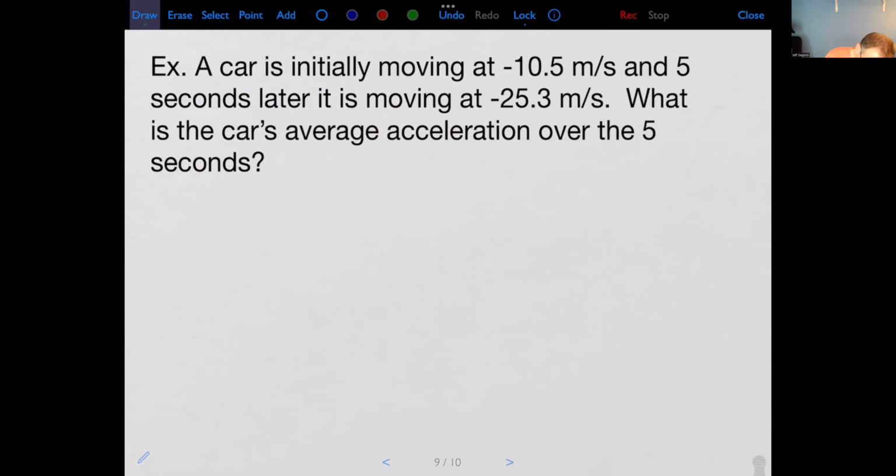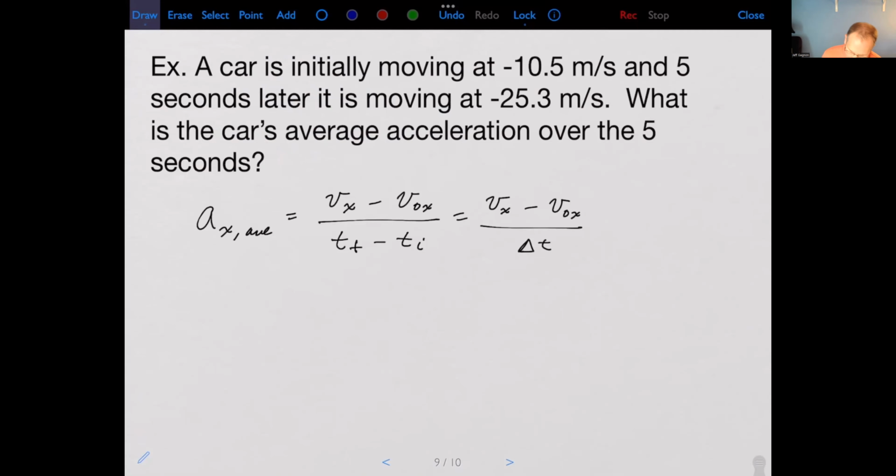So we have a_x average is going to be final velocity minus initial velocity over final time minus initial time. If we want, you can even write it like this, right? Final minus initial, and this is simply delta t. Okay, the numerator is delta v, but since I'm giving each one individually, I'll write it like that.